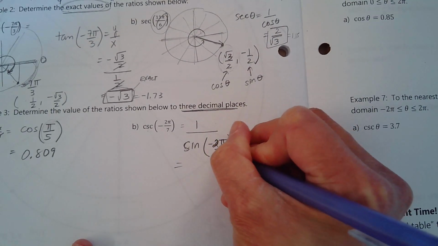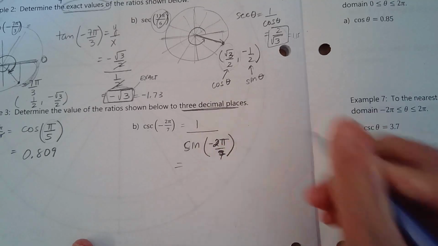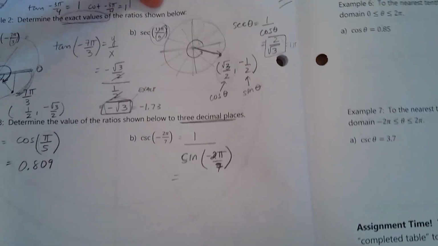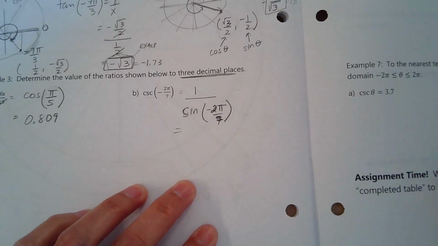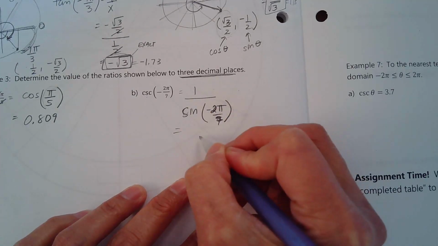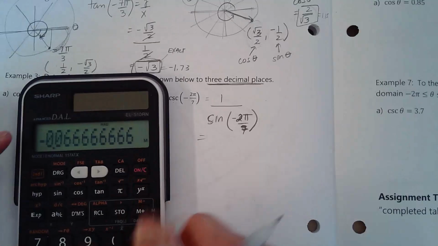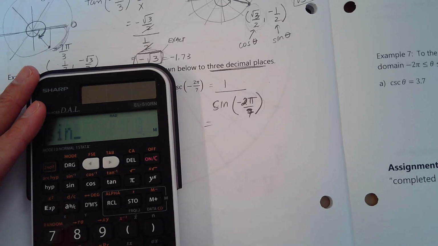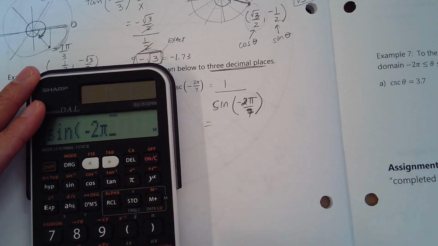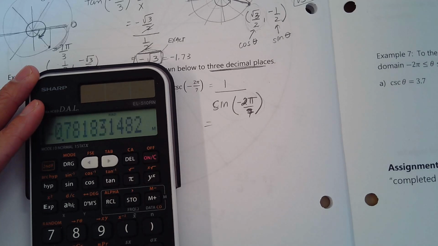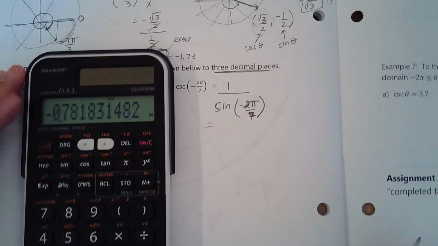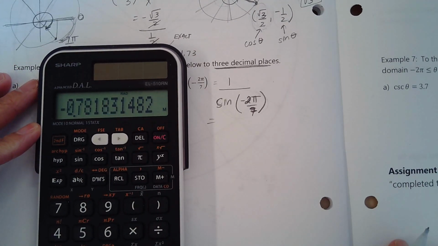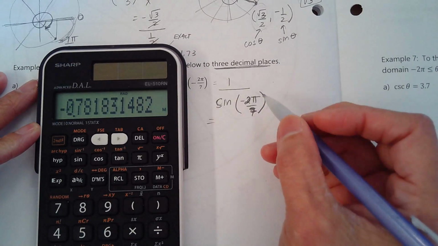2 pi over 7. Where did I get the 2 and the 3? Okay, so let's figure this out first. So sine of brackets negative 2 pi divided by 7. It's going to give me a negative 0.78, right?